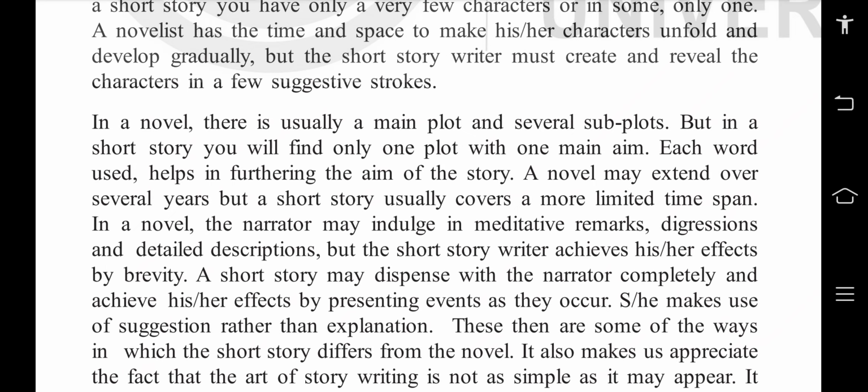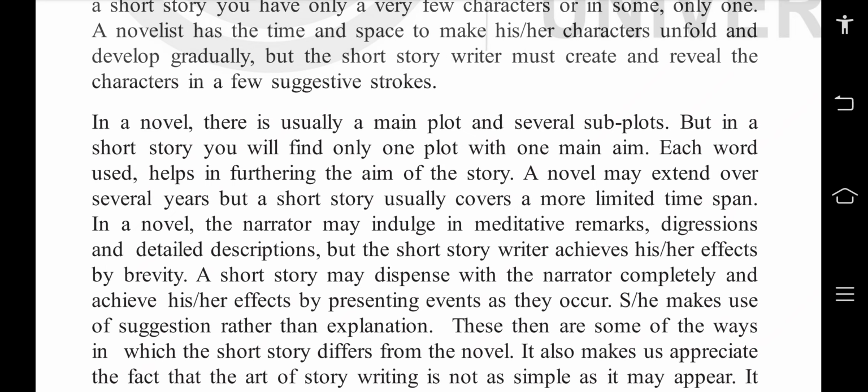A novel may extend over several years, but a short story usually covers a more limited time span. In a novel, the narrator may indulge in meditative remarks, digressions, and detailed descriptions, but the short story writer achieves his or her effects by brevity.